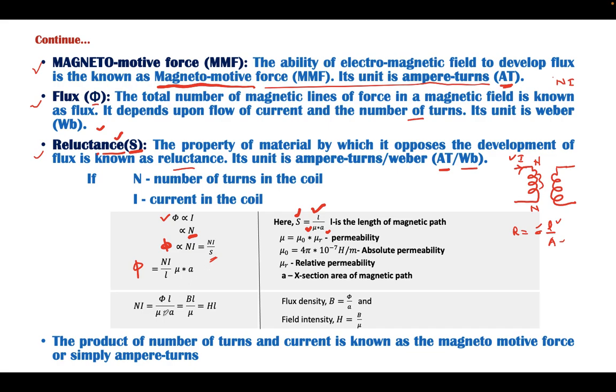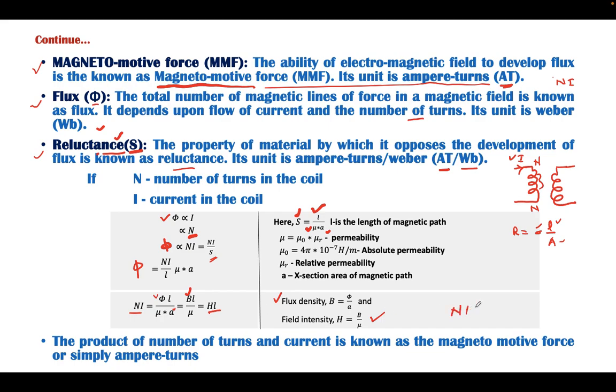Further simplifying this equation, as we know, flux density B is equal to phi upon A. Phi upon A is replaced by B. The rest of the components are mu and L, that is BL upon mu. By definition, we know H is equal to B upon mu, and hence Ni will be equal to HL.